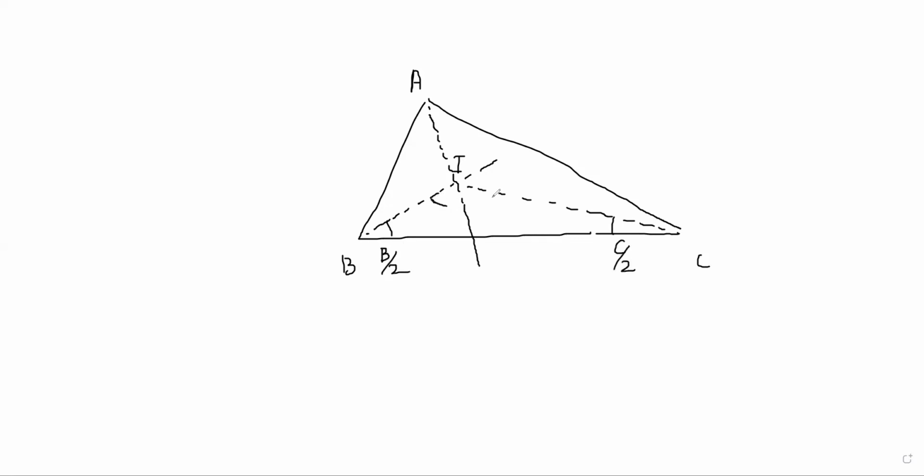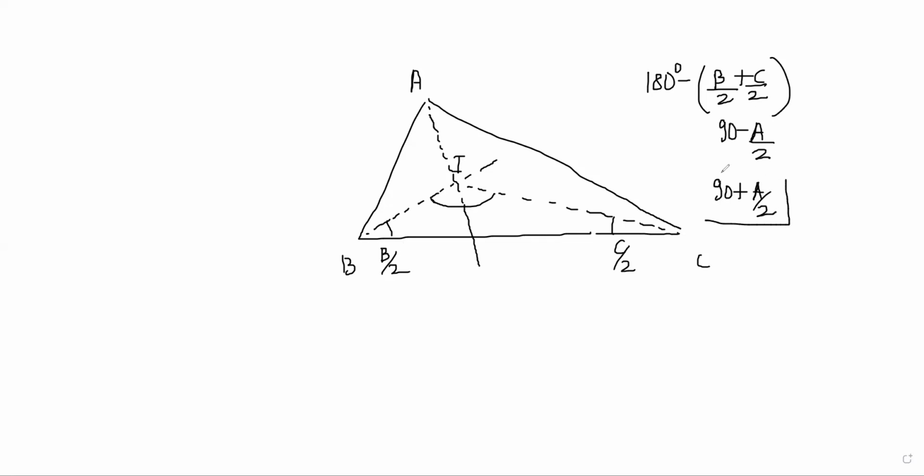So this angle here, BIC, is 180 minus (B by 2 plus C by 2), and that is 90 minus A by 2. So that becomes 90 plus A by 2. So it's a simple property, it just tells us the angle BIC. Similarly, angle CIA will be 90 plus half B, and angle AIB would be 90 plus half C.